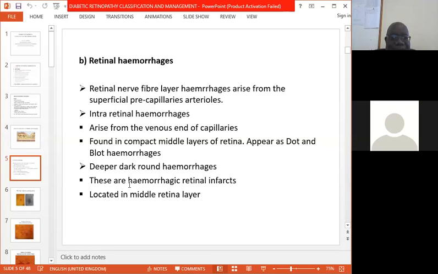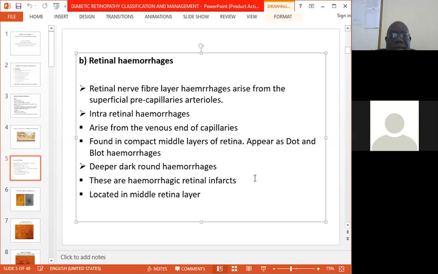And the deeper dark round hemorrhages, those found in the compact middle layers, they appear as dot and blot. In fact, when you are looking into an eye, the darker they appear, it means they are deep into the retina layers.